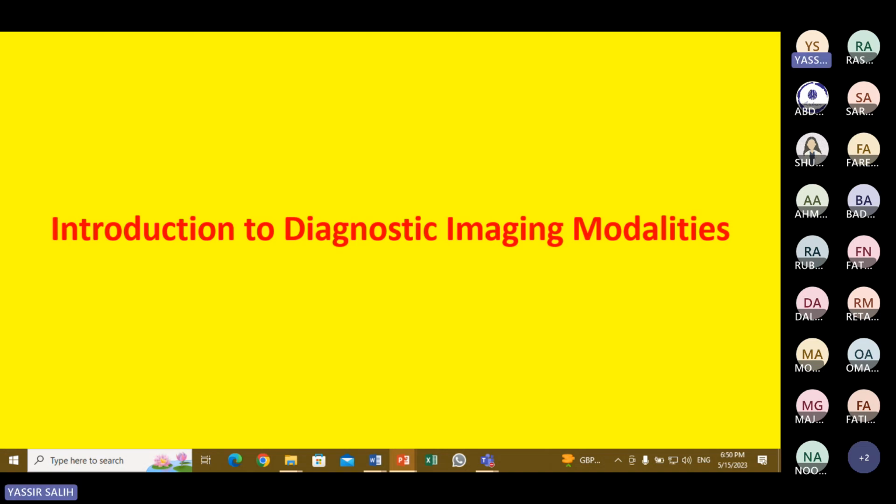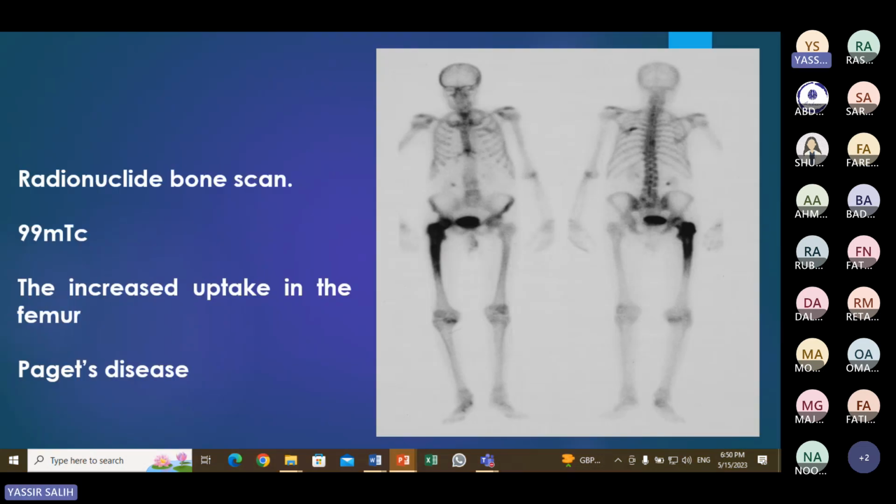First lecture, section two, diagnostic imaging modality, about 3 or 4 slides. Before starting, please try to share with me and talk, to know the weakest point, and inshallah we will try to solve your problem.